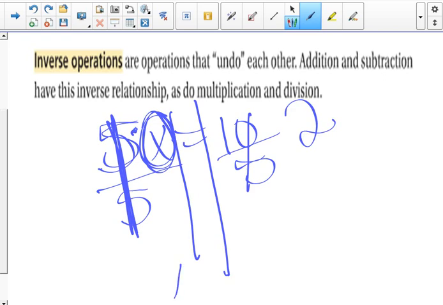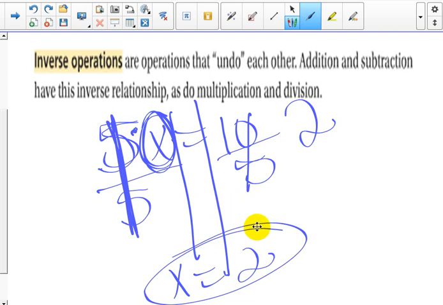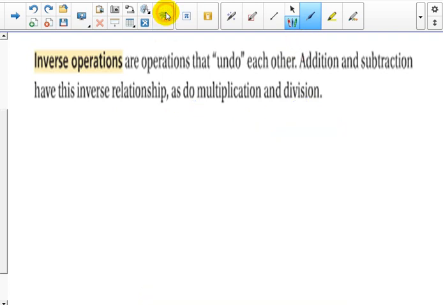So our final answer is x equals 2. So that's how you solve an equation using inverse operations. Now that was just one step to get to that answer, so they call that a one-step equation. If it takes you 2 steps to get to the answer, they call that a 2-step equation. If it takes you many steps, anything over 2 is just called a multi-step. So 1-step, 2-step, multi-step.